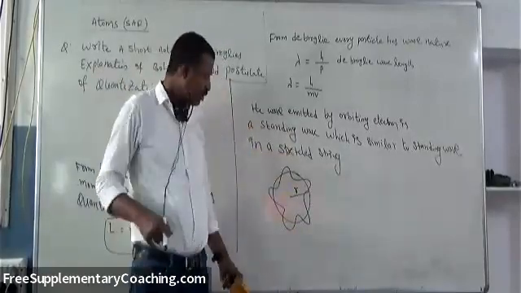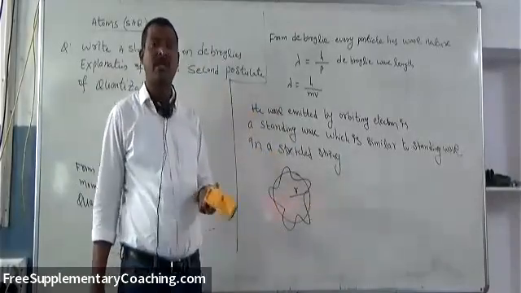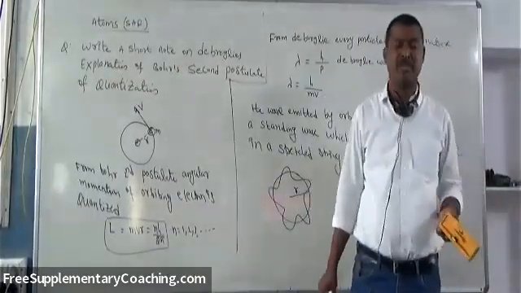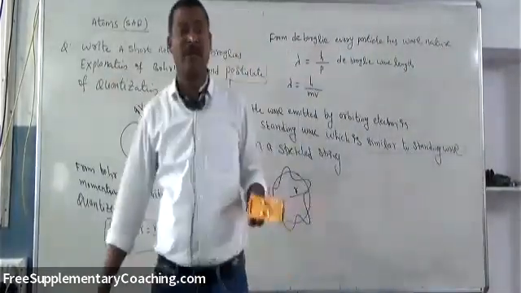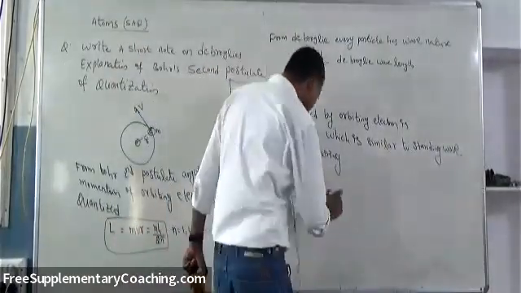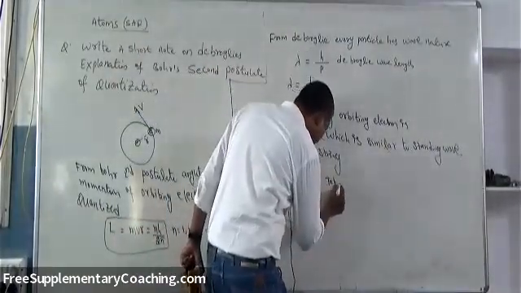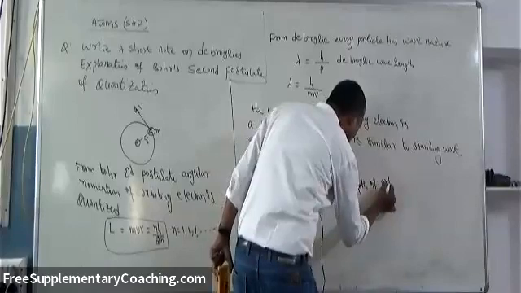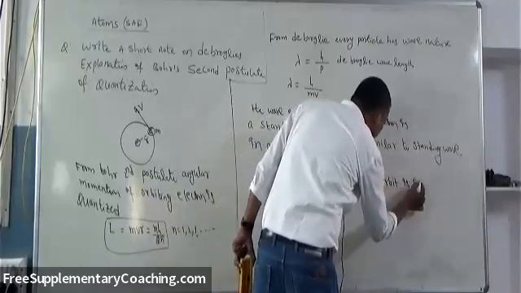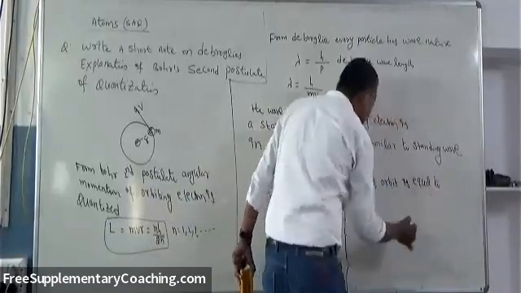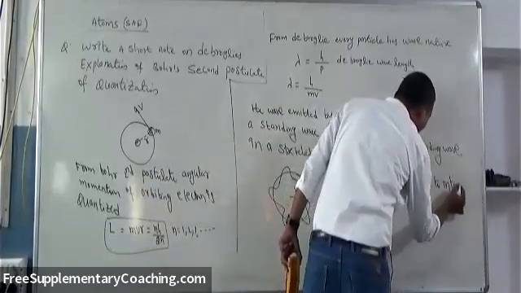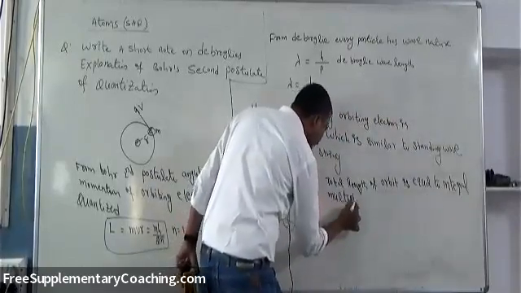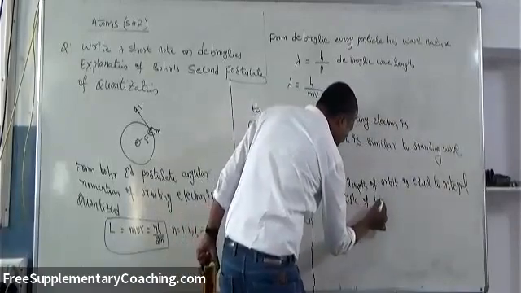But the total length of the orbit is equal to an integral multiple of the wavelength of the standing wave. From this we can write: total length of orbit is equal to an integral multiple of wavelength.